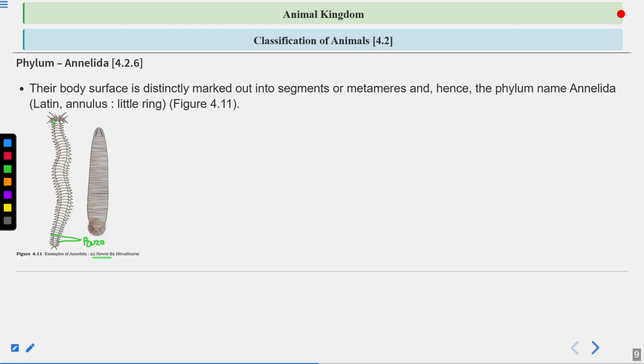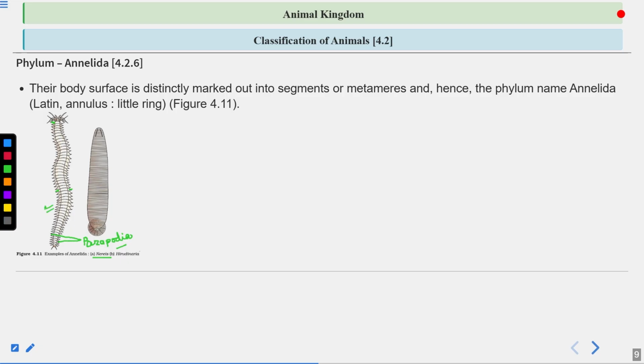Right? So in every segment you can see on the external surface they have this parapodia, on both sides, left and right. So this is the example of Nares, and it is an aquatic organism. Remember this aquatic example. It is found in the water, Nares.